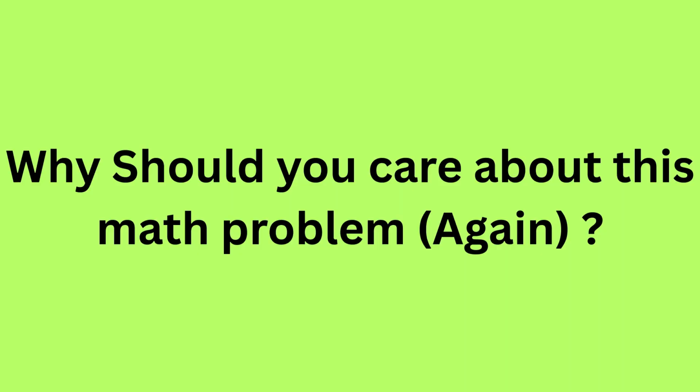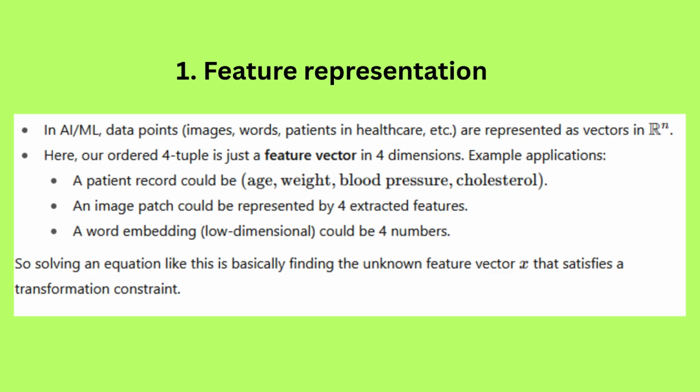So why should you care about the second problem? Again, very important also to understand. AI requires something called feature representation. So in AI and machine learning, data points which refer to images, words, patients in healthcare, etc., are represented in vectors of different tuple lengths. So here our ordered 4 tuple is just a feature vector in 4 dimensions.